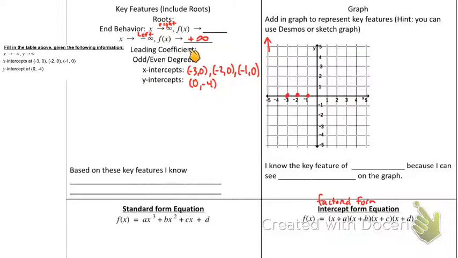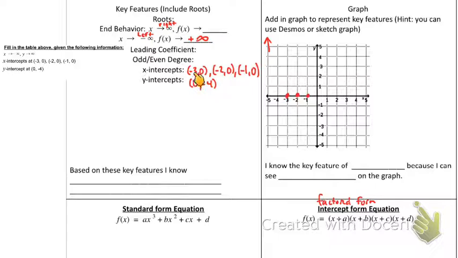Okay. All right. So I'm going to hold off on the leading coefficient and the odd or even degree until we get this done. So we're going to skip down to this guy. Okay. Factored form. The way you want to do factored form is if you know your x-intercepts, you can turn them into factored form. So watch. I'm going to write each x-intercept as an equation.